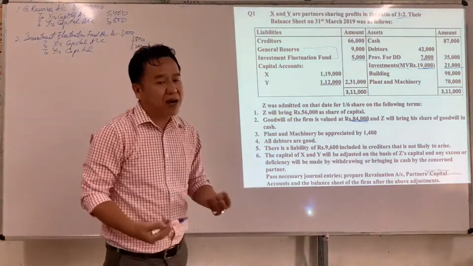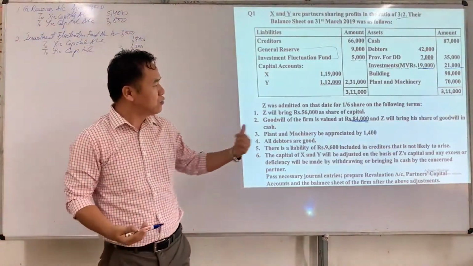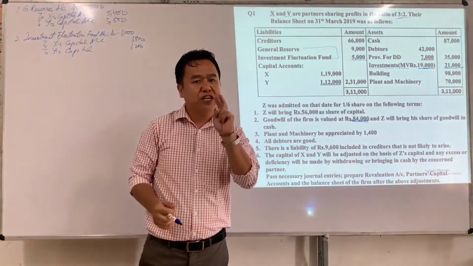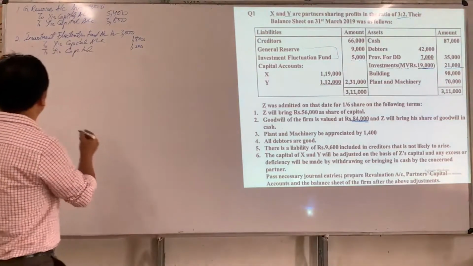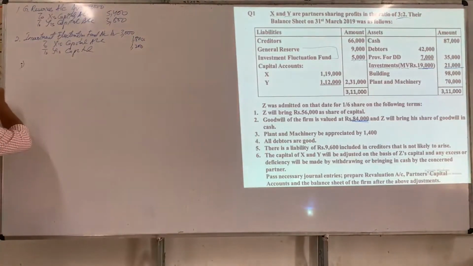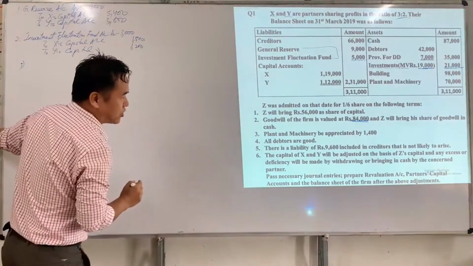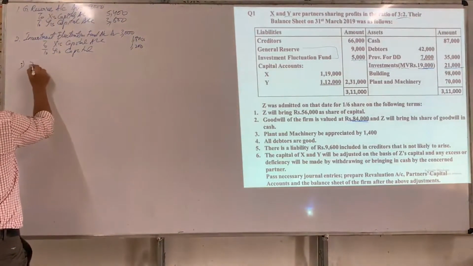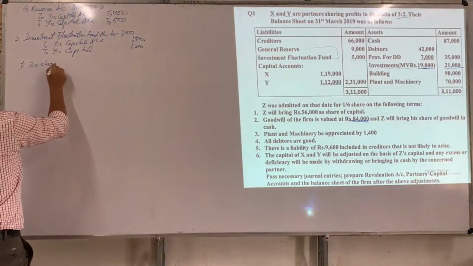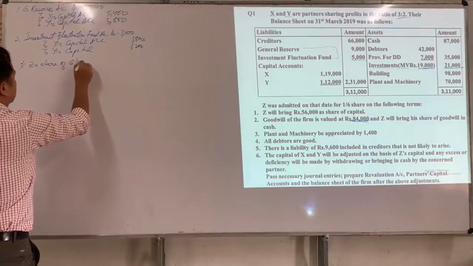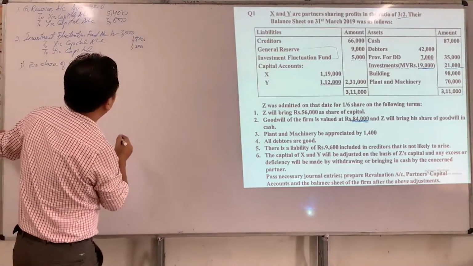Whenever we pass the necessary journal entry with regard to goodwill, we have to follow 3 important steps. The first step is the new partner's share of goodwill.